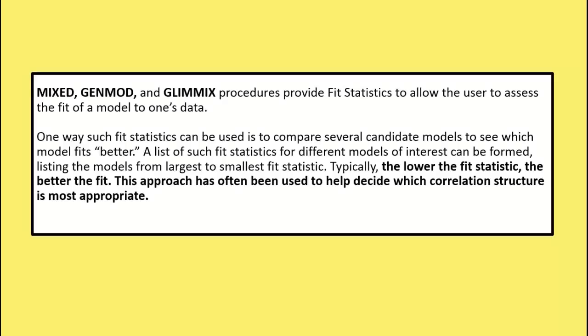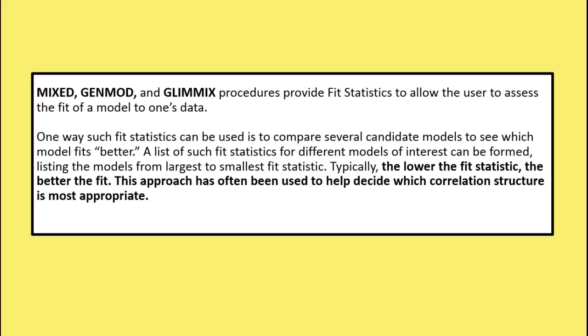So you might have 5 different correlation structures: exchangeable, autoregressive, unstructured. You might have fit statistics for each one of these things. You list them, and the one that's the smallest value is the one that's sort of saying, this is the model, this is the correlation structure that seems to give you the best fit. That's the way it sort of works.